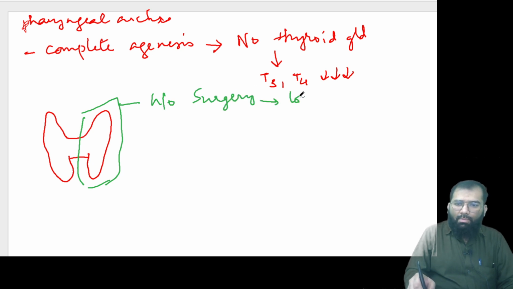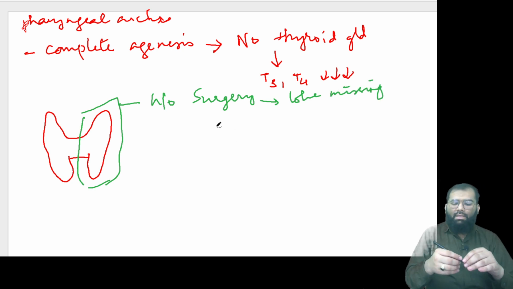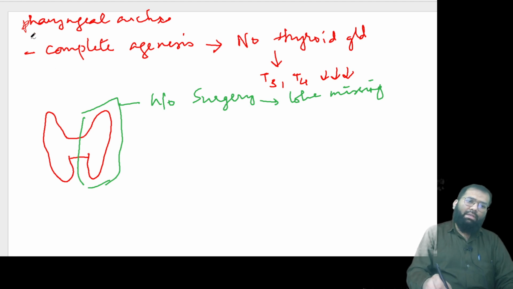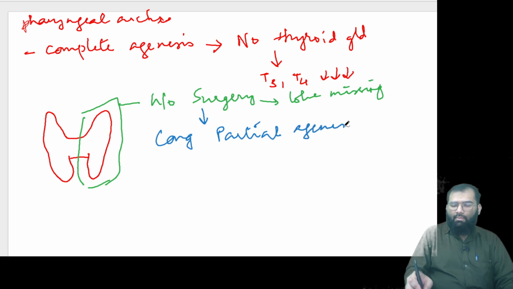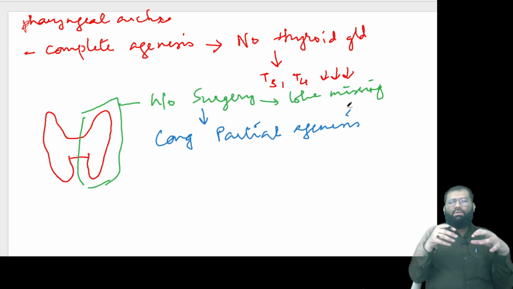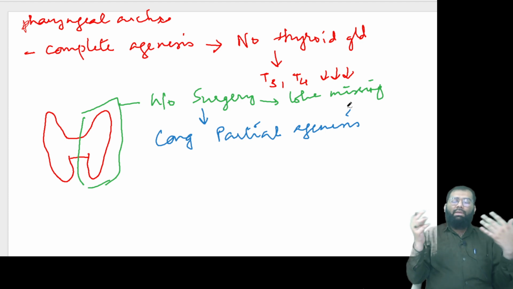Suppose the patient tells you that he or she did not undergo any surgery. In this case, the next thing you would think of is congenital partial agenesis. So these are the important things we have discussed. Complete thyroid may be absent, although rare, but it can be a possibility. Second is partial agenesis, in which a particular lobe might be absent.